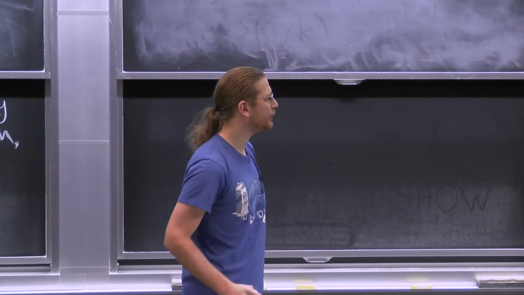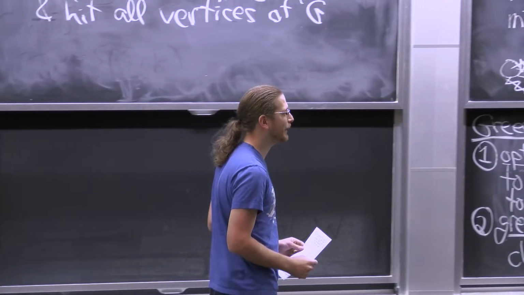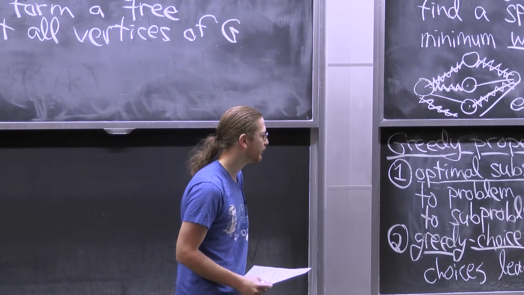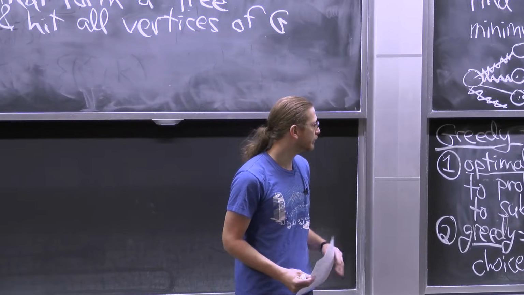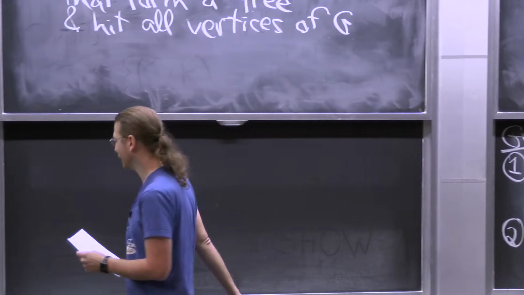And for minimum spanning tree, neither of these is very obvious. So I'm just going to show you these theorems. They're fairly easy to prove, in fact, but finding them is probably the tricky part.